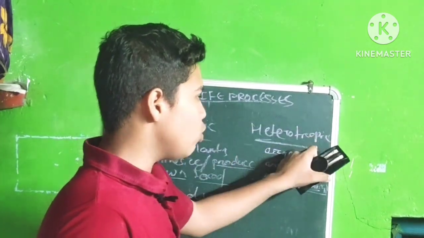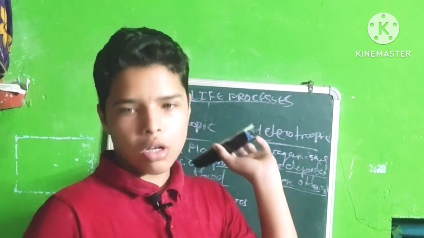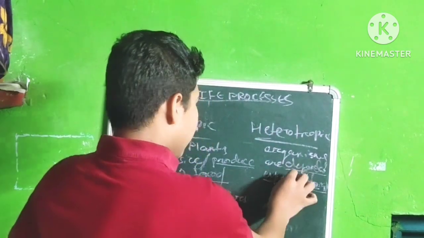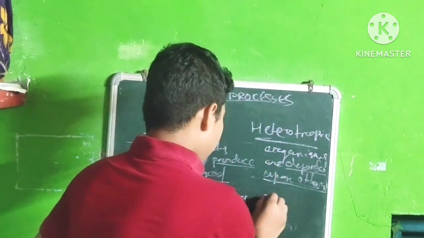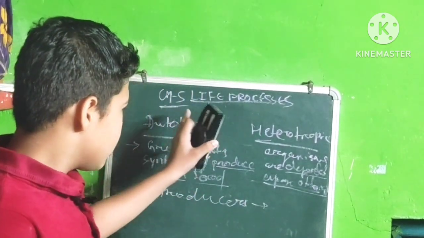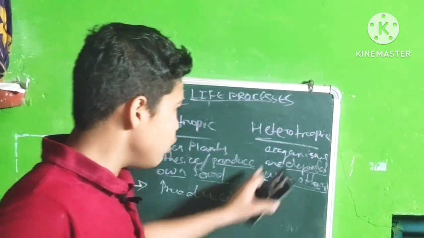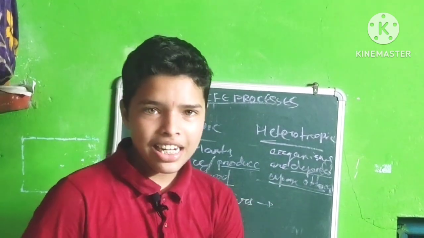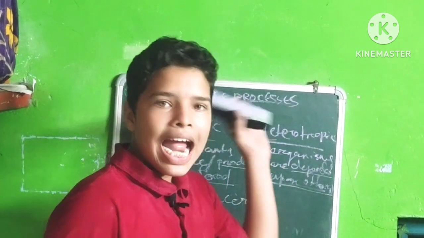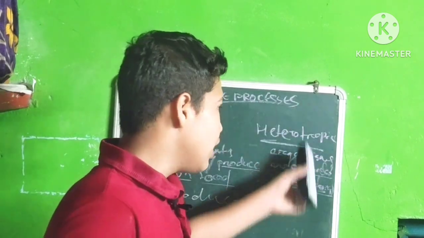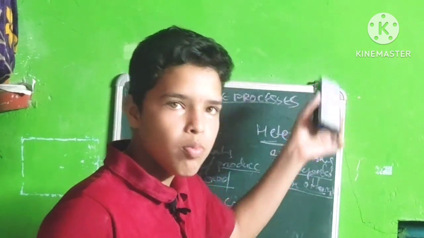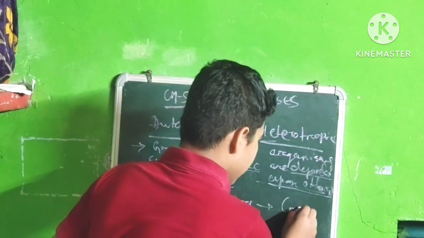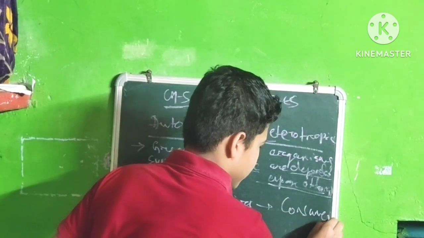And as heterotrophs are depending upon others, we can say that they are consumers because these organisms produce food for these organisms and these are dependent upon them to take food from them and meet their energy requirements and so their nutrition processes. Now we can say that these are consumers.